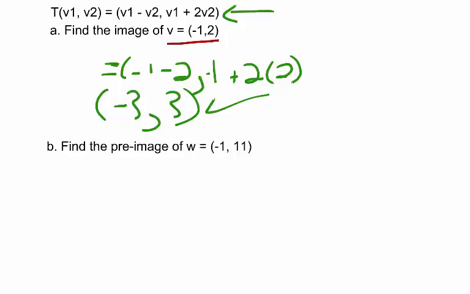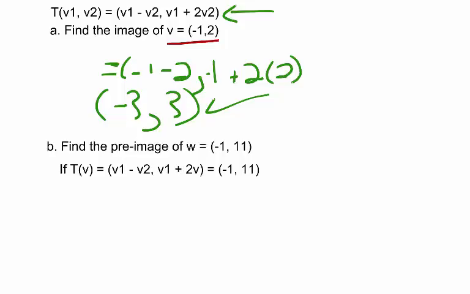Now let's find the pre-image of w when w is equal to negative 1, 11. If T of v is equal to v1 minus v2, v1 plus 2 v2, now let's set this expression equal to negative 1, 11.